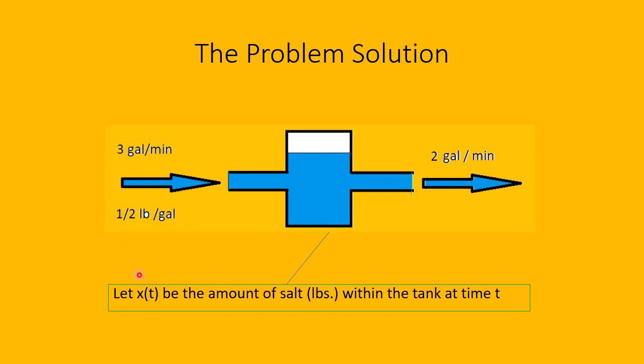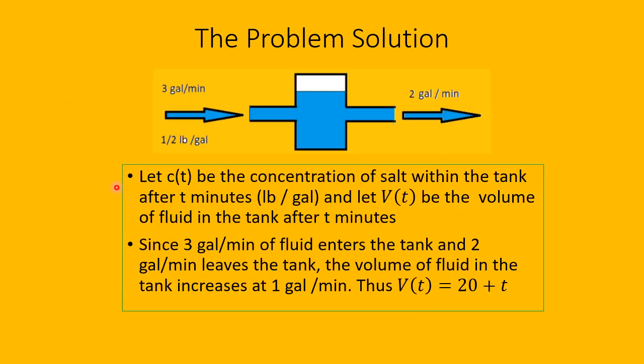So let's set up a function. Let x of t be the amount of salt measured in pounds within the tank at time t. Let c of t be the concentration of salt within the tank after t minutes of flowing, and let v of t be the volume of fluid in the tank after t minutes, measured in gallons.